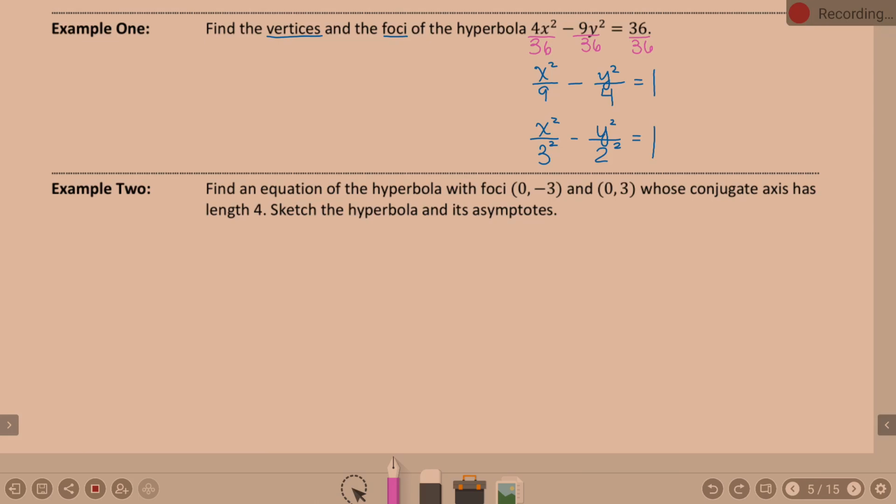It's about which variable comes first. Okay? So in this case, it is definitely x squared over a squared minus y squared over b squared. And again, a is not always bigger this time. Okay, that's a little trick that changes. A is not necessarily bigger. It's that the minus sign is in the middle, so x definitely comes first here.